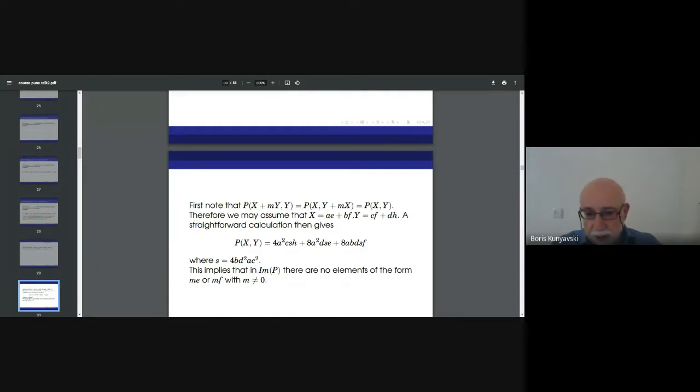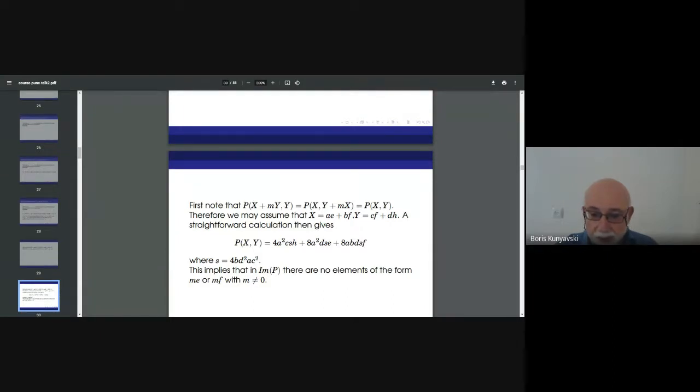Looking at this expression, you show by contradiction that no elements of the form mE or mF can belong to the image of P of x, y. So a very explicit construction which shows that this polynomial map on the Lie algebra sl2 is dominant but not surjective.